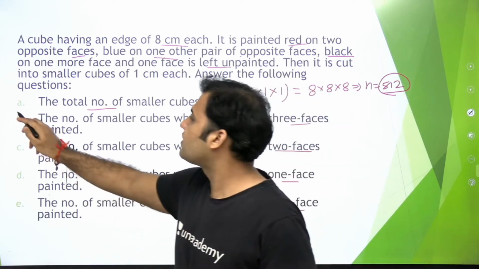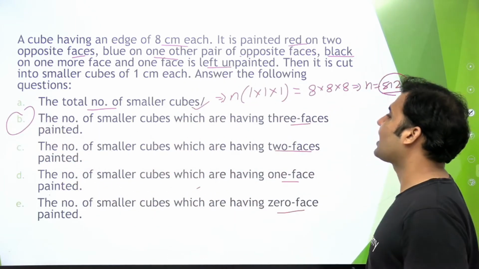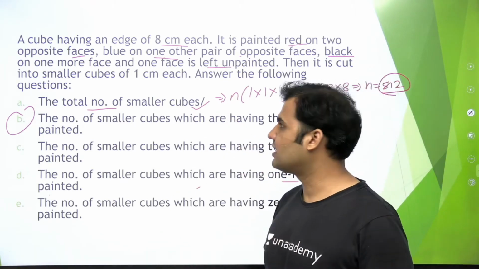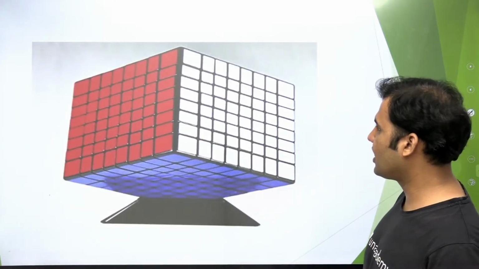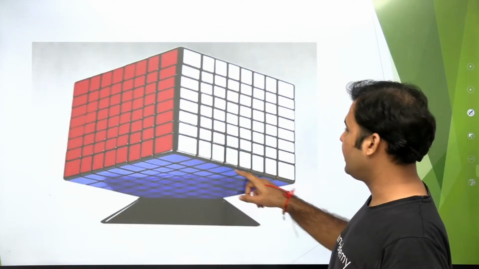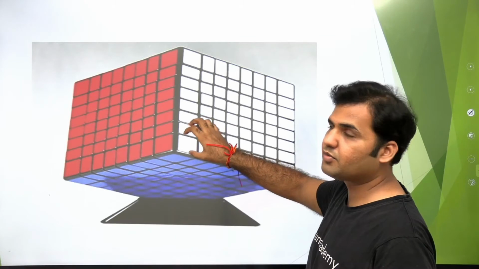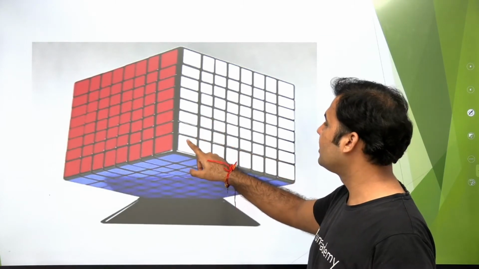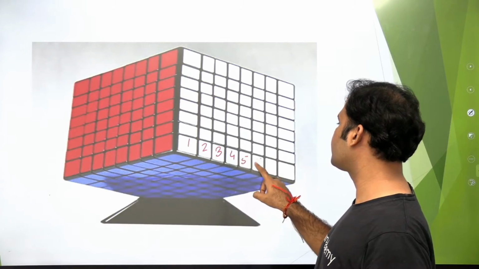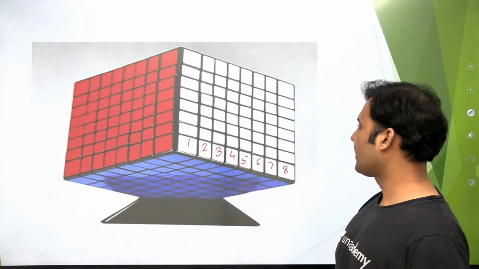What about the second question, the total number of smaller cubes which are having 3 faces painted? Now, why will the answer of this question get changed? See this, guys. Let's look at this figure. You see that this is 8 into 8 side. You can see the total number of smaller cubes that you are taking from one edge is 1, 2, 3, 4, 5, 6, 7, and 8.